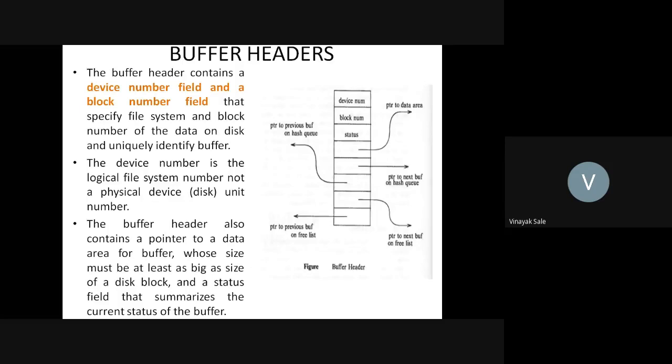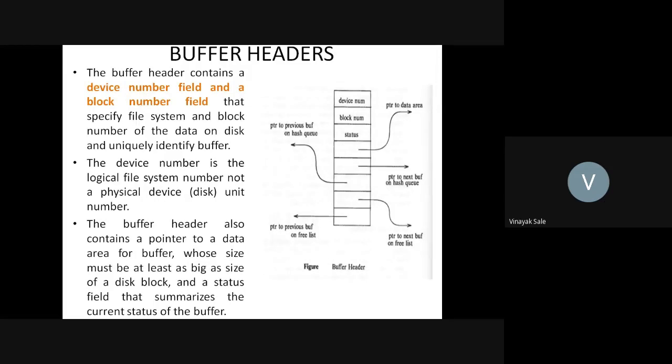The buffer header also contains a pointer to the data area for the buffer, whose size must be at least as big as the size of the disk block, as per the requirement of the disk block, and a status field that summarizes the current status of the buffer, whether it is free or busy.